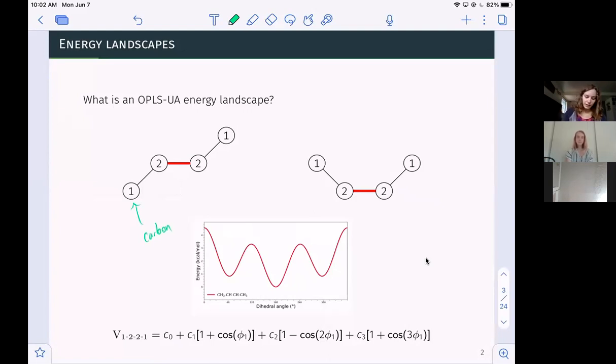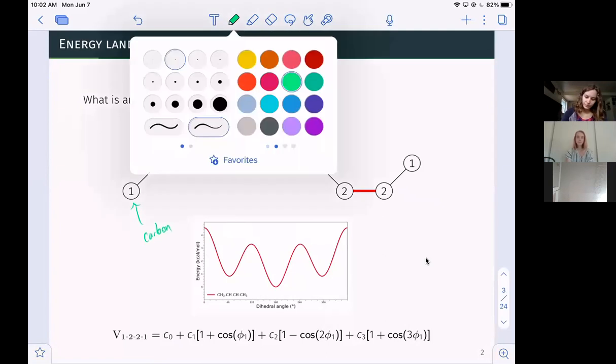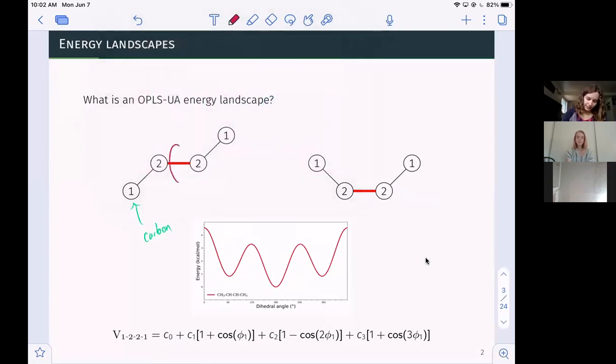You can imagine that if we rotate around this bond right here, I can get from the configuration that I have on the left, which I think starts like this, to the configuration I have on the right, just by rotating along that bond. Each place in my rotation is going to correspond to a certain energy value that the molecule gives off.